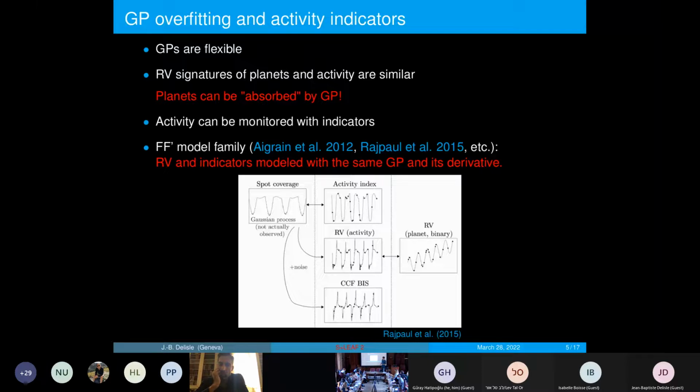So the family of models, the FF' family of models proposed by Aigrain in 2012 and later by Rajpaul in 2015. So the idea here is to model with the same Gaussian process both the radial velocity time series and activity indicators time series.